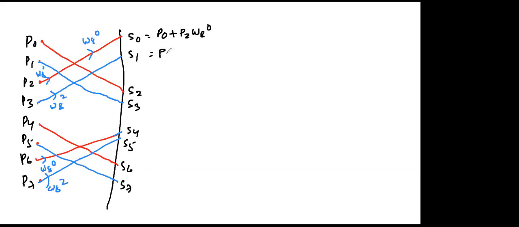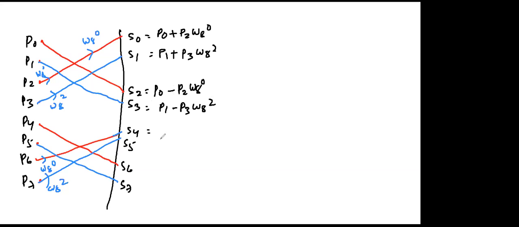P1 plus P3, omega 8 2. S2. P0 minus P2, omega 8 0. First two positives, next two negatives, and other than this is P1 minus P3, omega 8 2.